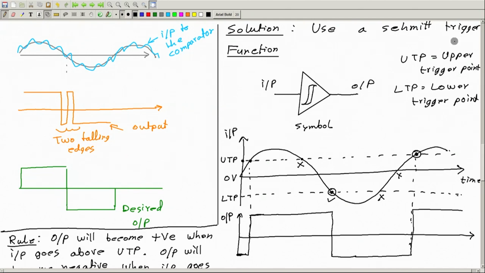Okay. Now let me just tell you how this Schmitt trigger solves the problem. So for that I will use this.